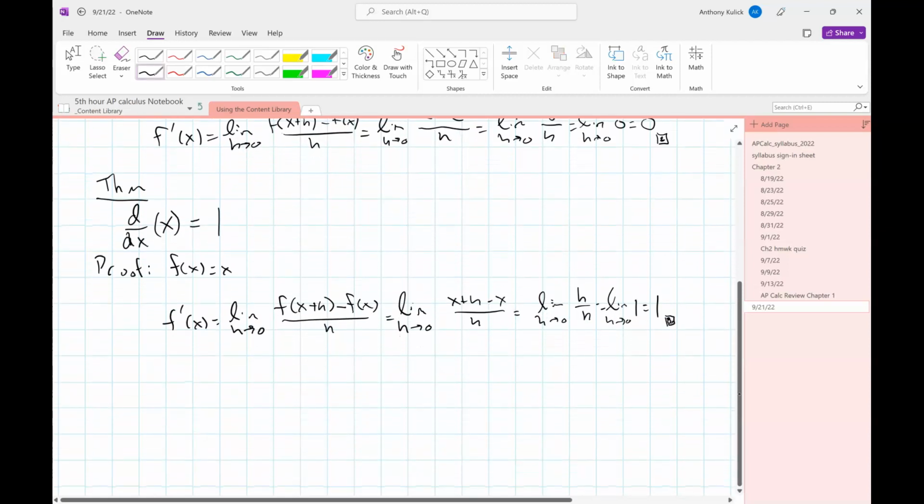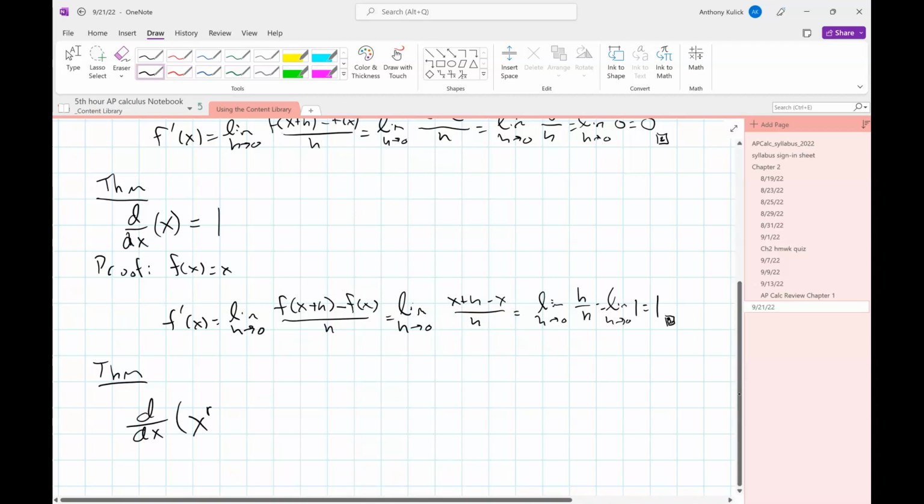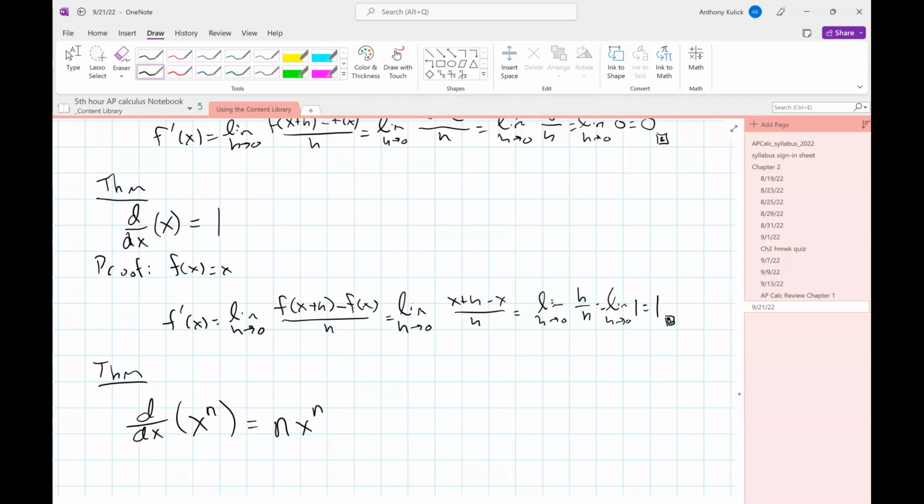I think some of us have already read ahead or talked to somebody who knows something about calculus and had figured this out. So this is called the power rule. The derivative of x to the n is just n times x to the n minus 1.